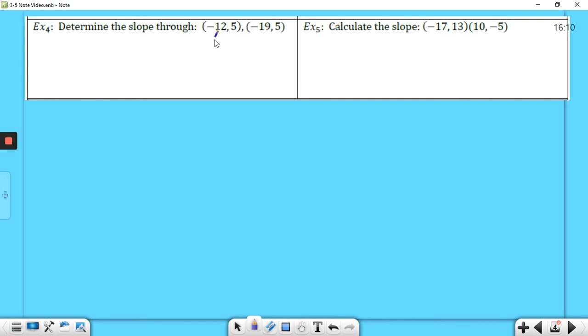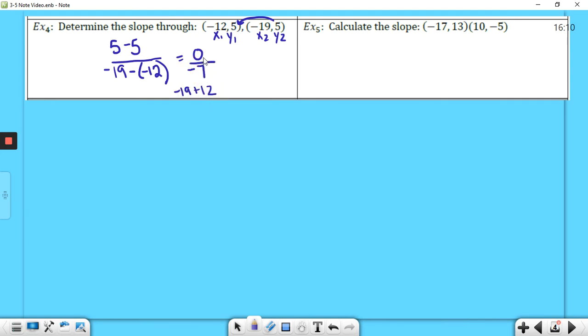Next one. We have 5 minus 5 over -19 minus -12 is 0 over -7.